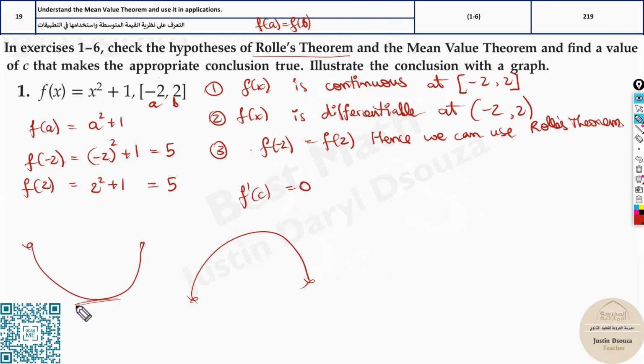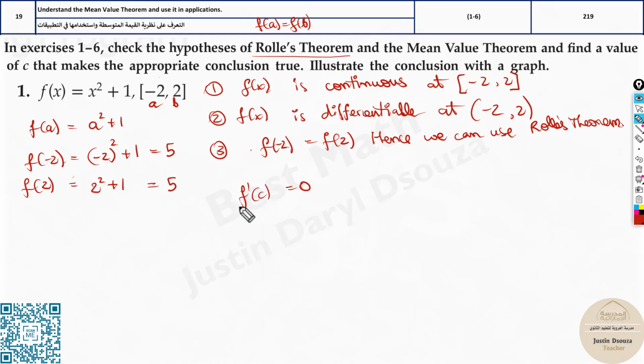So you will have a slope of the tangent of 0 over here, and even over here, because it will come back to its original position. So that's it. Now let me remove that and start solving the problem over here. So what do we do?